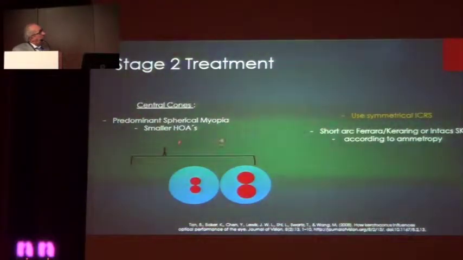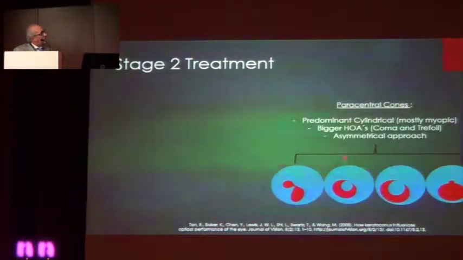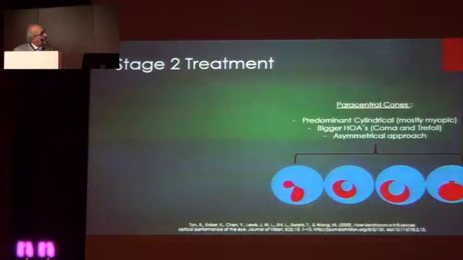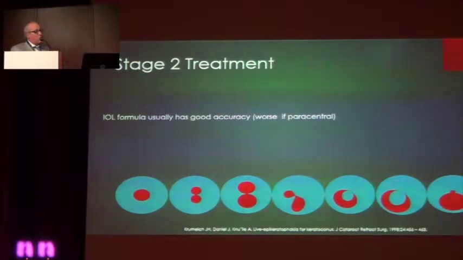In this type, you use symmetrical intracorneal rings like Ferrara. On the other side, paracentral cones have predominant cylinder, bigger HOAs, and need an asymmetrical approach. They need Intacs and Ferrara rings. IOL formulas usually have good accuracy; worse in paracentral types.